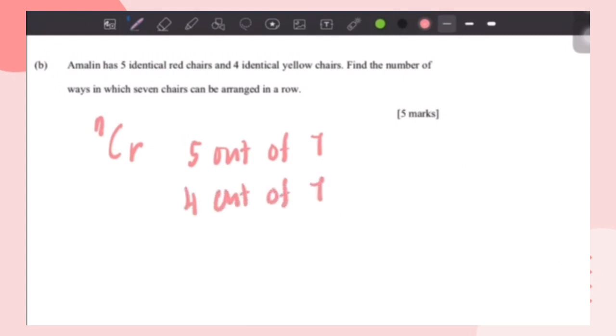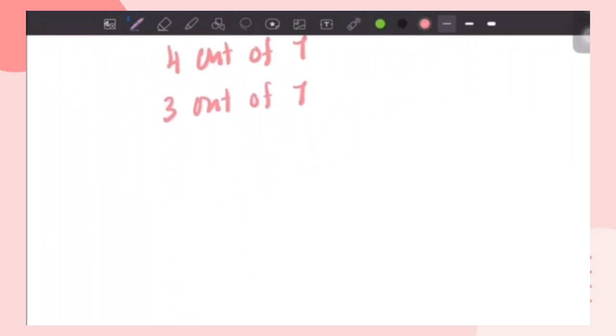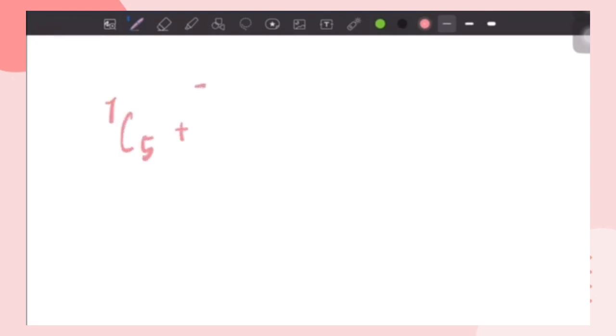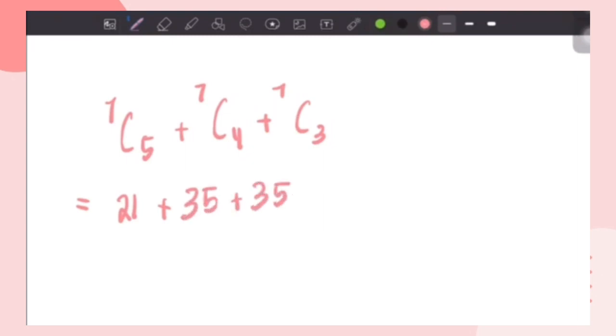And for the last case, we choose 3 out of 7. We have to sum all of the cases up. So it will be 7C5 plus 7C4 plus 7C3, which is 21 plus 35 plus 35. And we will get the answer 91 ways.